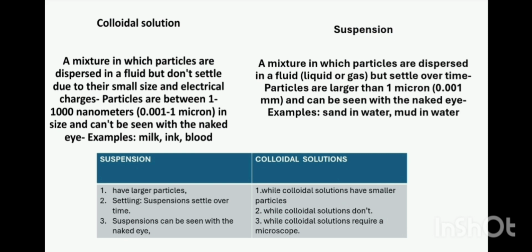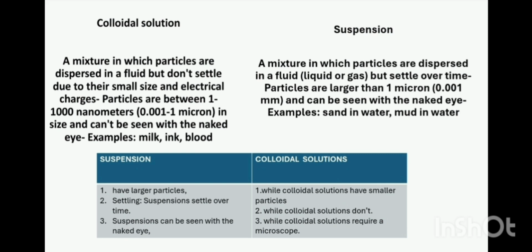In our video we had taken the milk water and the muddy water. The milk water scattered more light, whereas the muddy water scattered a smaller amount of light. In some cases we cannot find any kind of scattering effect. So milk water was found to be colloidal, whereas muddy water is found to be suspension. And the difference between the suspension and the colloidal solution is that in suspension, the particle sizes are very large, they settle down, and they can be seen with our naked eyes.